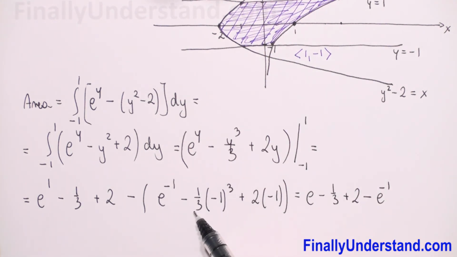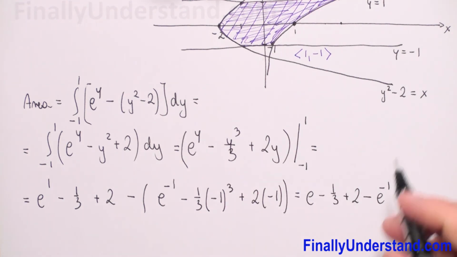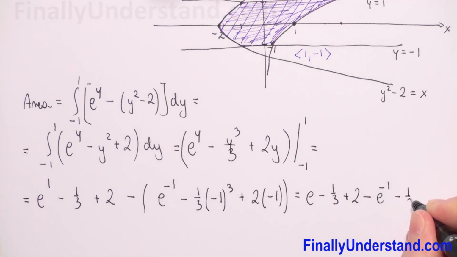We have -1/3 times -1 to the third power, which is -1, so negative times negative will be positive, and because we have a negative sign, it will be -1/3. And we have -2 and a negative sign, so it will be plus 2.